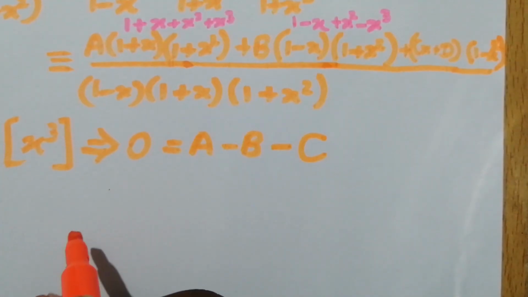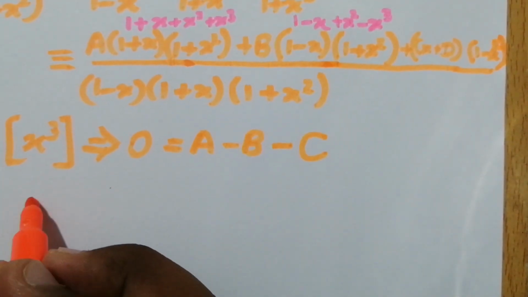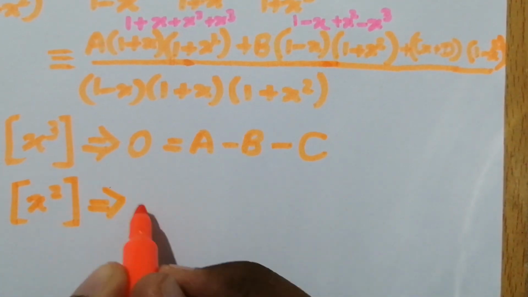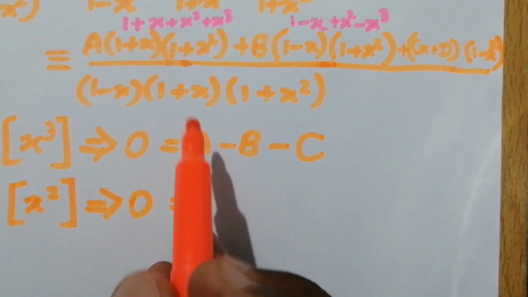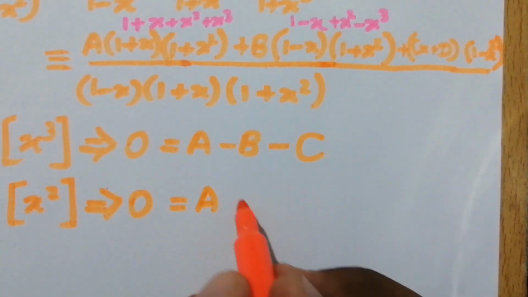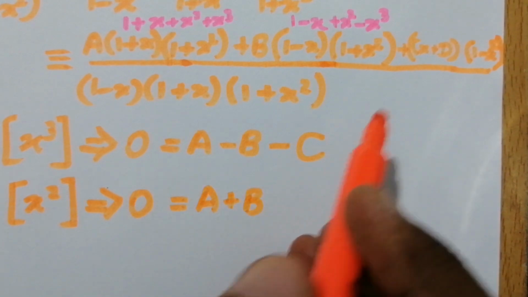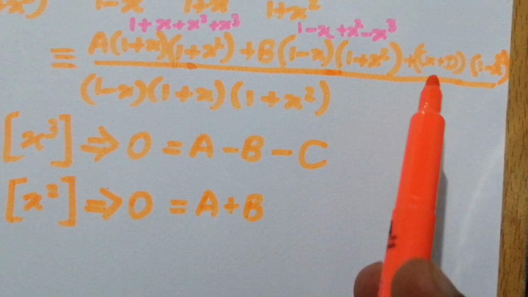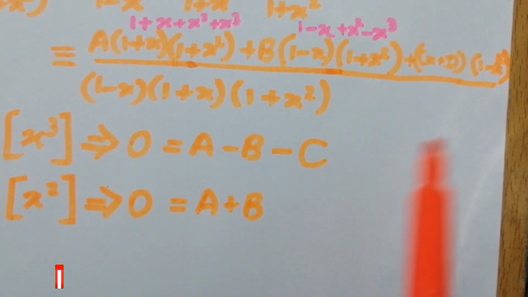Then if I equate the x to the power 2 term, here 0 equals, in here a plus b, in here it is minus d.